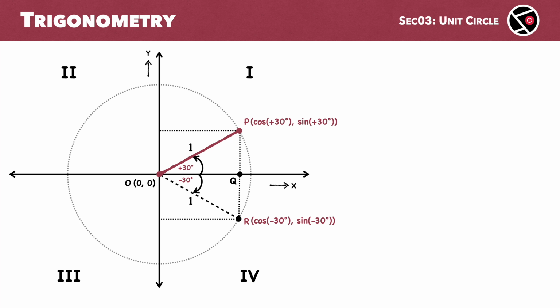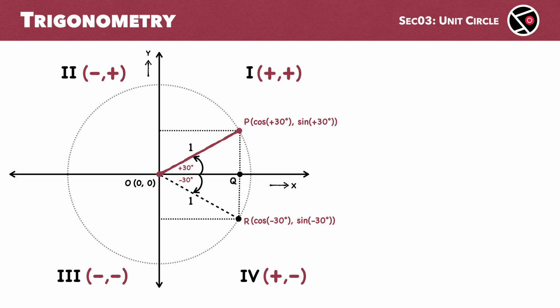Do you remember that the signs of the x and the y coordinates depend on the quadrant? In quadrant 1, both x and y are positive, plus plus. In quadrant 2, minus plus. In quadrant 3, minus minus. And in quadrant 4, plus minus.